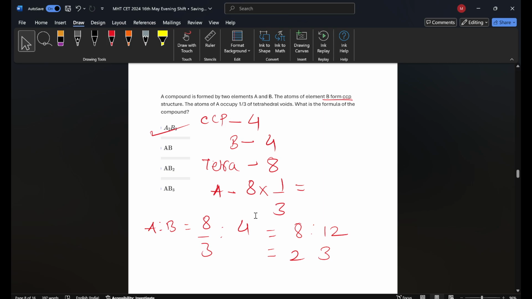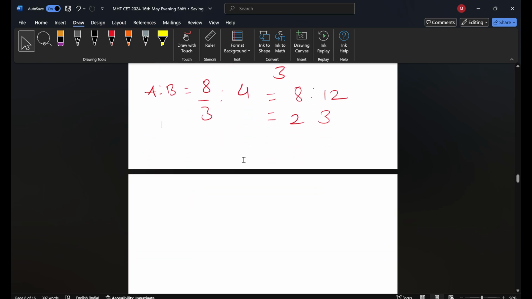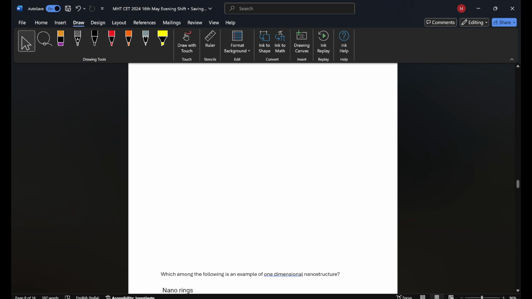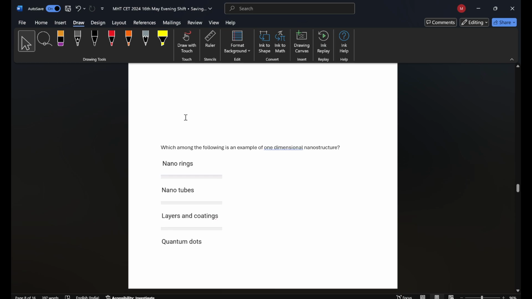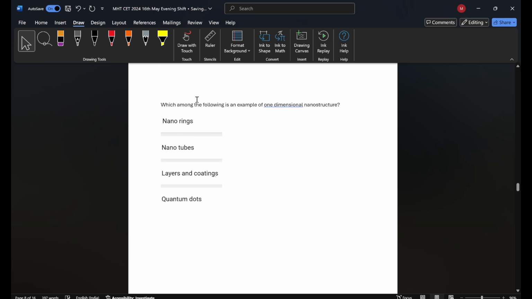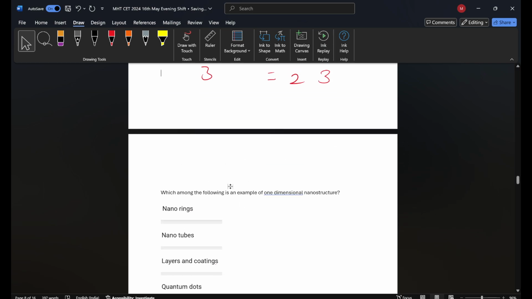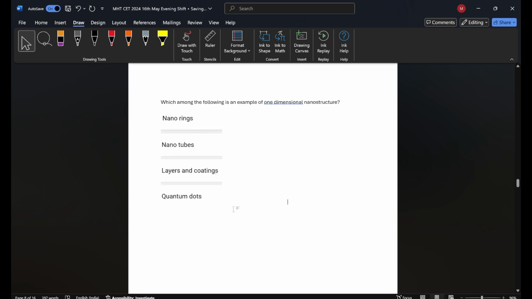Let's solve the next question. Oh, how can I place this question? This question was supposed to be at the bottom, but still it is here. I don't know if it falls in solid state or not. Which among the following is an example of 1D nanostructures?